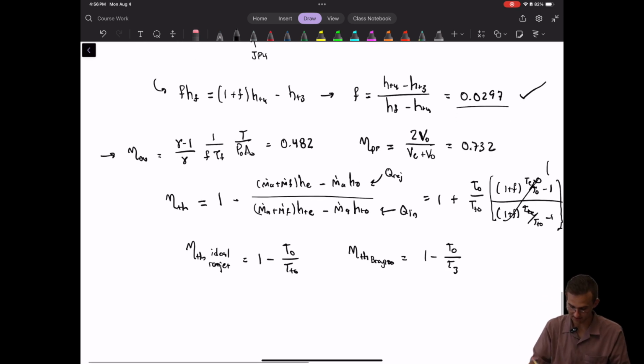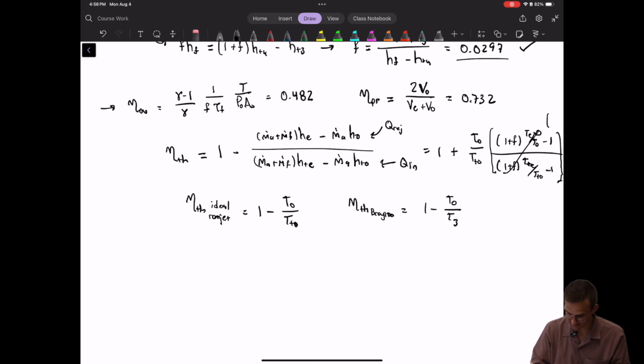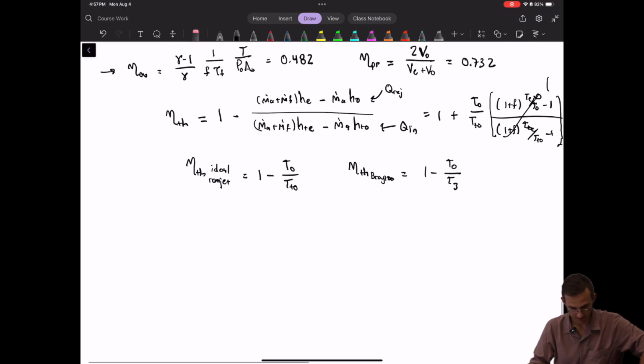So one thing is this T naught over Tt naught, you can see that the efficiency only depends on how fast you're going. So that's the first thing. It's just on the upstream Mach number. But one thing to keep in mind is that the Mach number at station 3 upstream of the burner is basically 0. So in our cycle, it's very small at least.